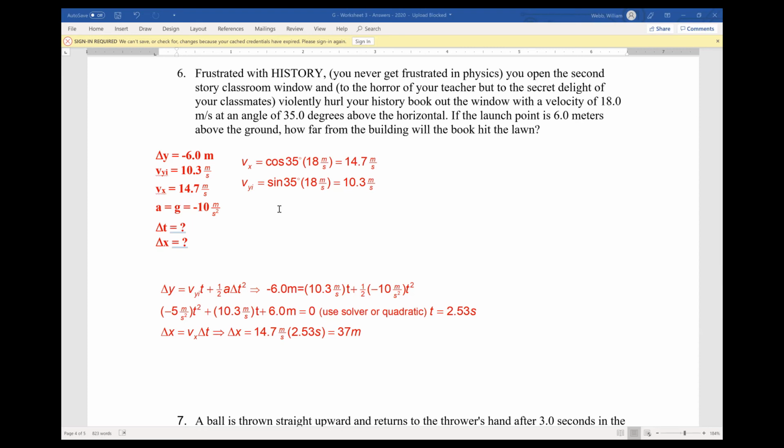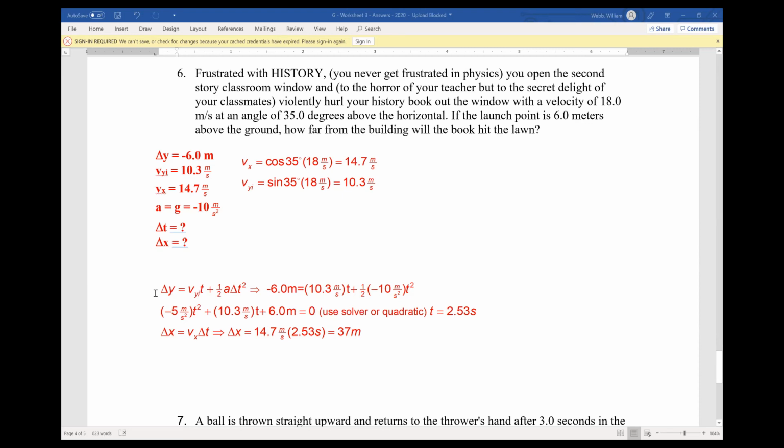And the question says, how far from the building will the book hit the lawn? But in order to find that horizontal displacement, we need to find the time of flight. So we need both the time and then after that, the horizontal displacement. So the way they've set it up, they've used the second kinematics equation that we learned, and they're focusing on it vertically.